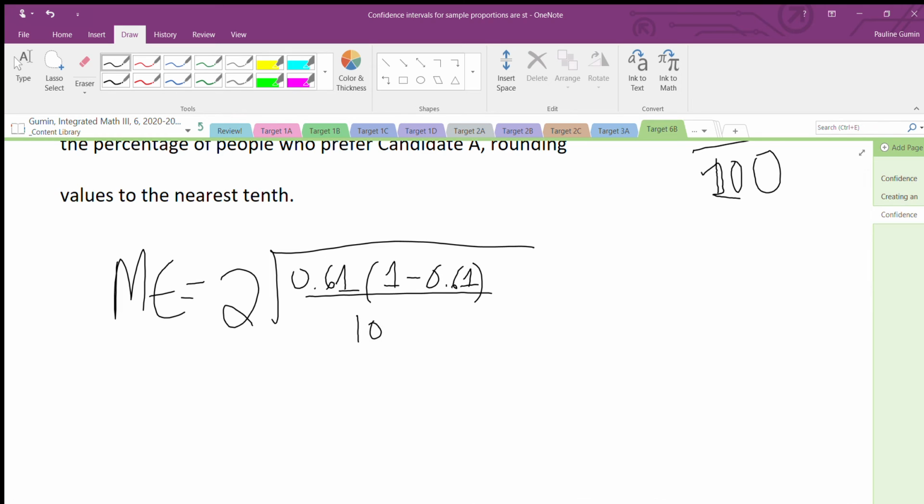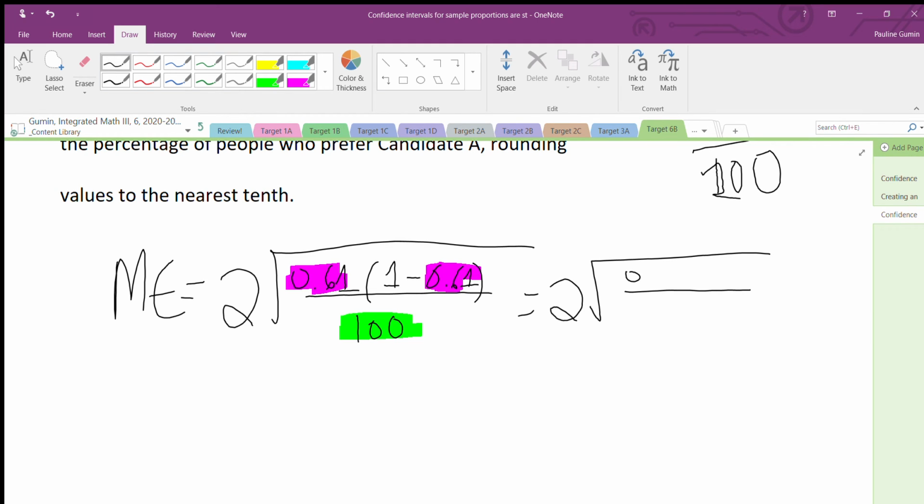In this problem, we don't need to square root just the denominator. We're square rooting the whole fraction. So that's not too bad. One thing that I like to do is simplify those parentheses because I find it easier to enter it in my calculator this way.